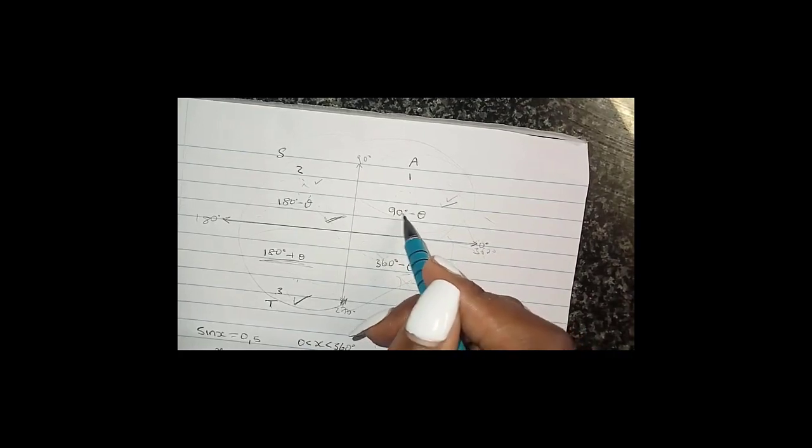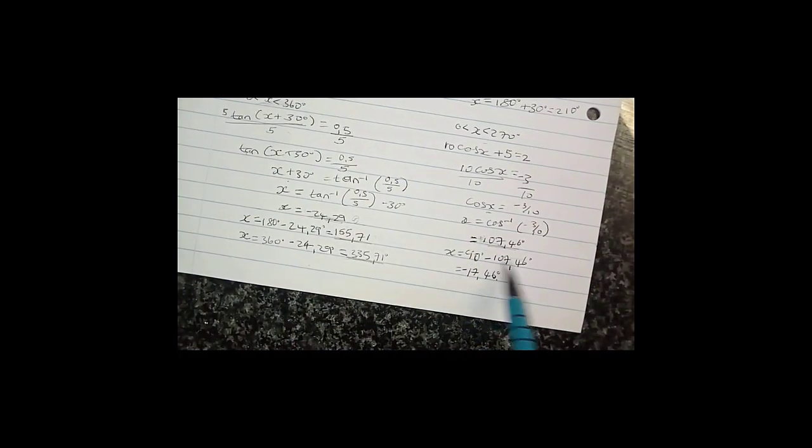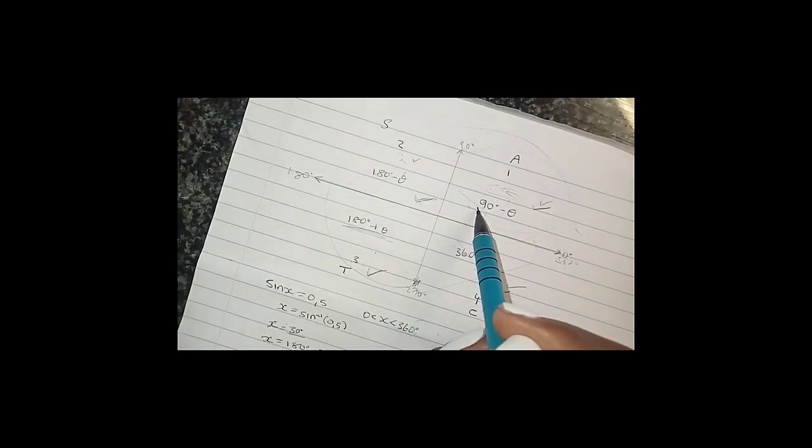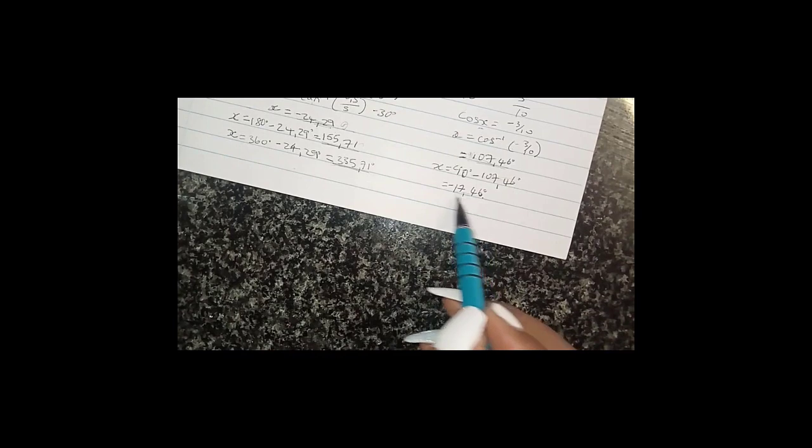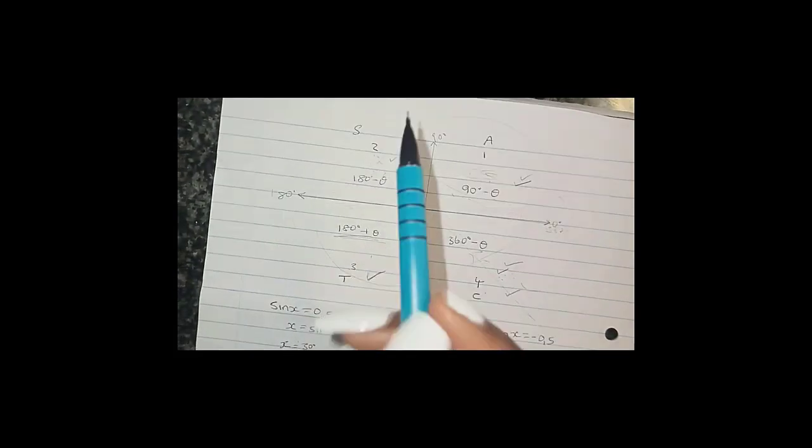And in this quadrant, we had to apply the condition because now our reference angle was not an acute angle, but it was positive. So we had to apply the condition of this quadrant, which is 90 degrees minus theta. And so this is what we did. And then our final angle is negative 17.46. So that is how you can apply the cast diagram in your simple trig equations.